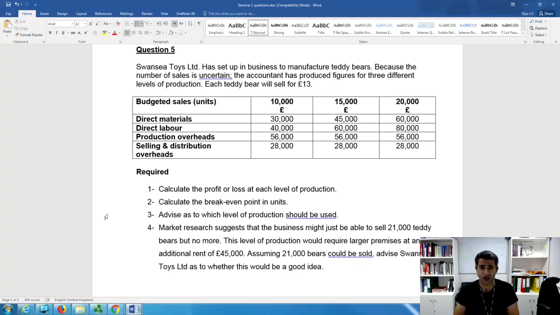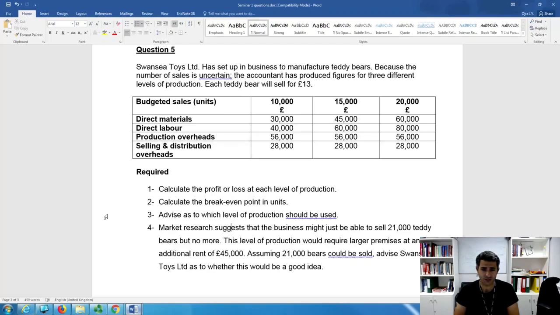According to the market research, the company is able to sell only 21,000 teddy bears, but they can't sell more. In order to do this, they need to rent additional premises for £45,000 extra.